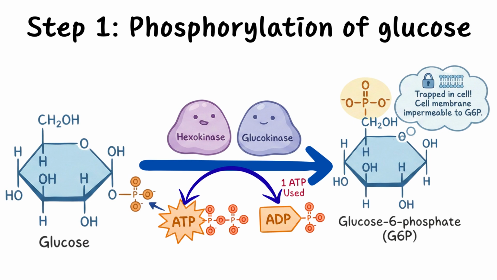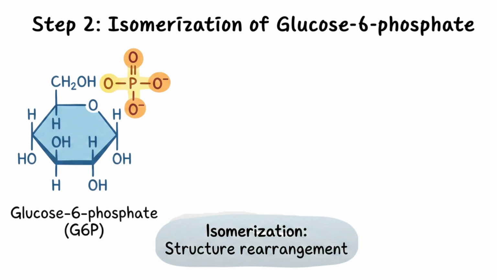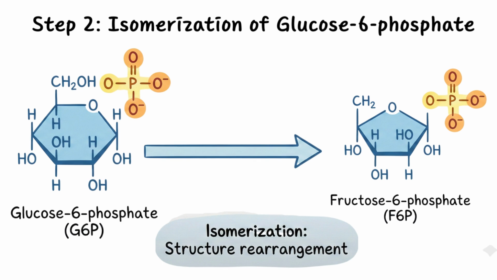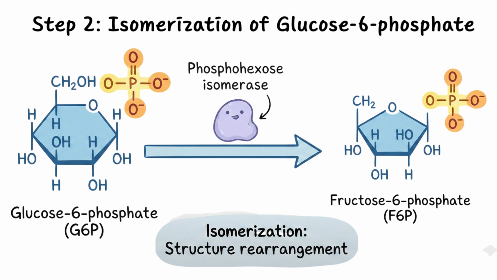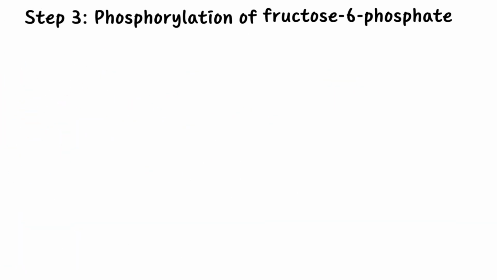This leads to step 2, the isomerization of glucose 6-phosphate. Glucose 6-phosphate is converted into fructose 6-phosphate by the enzyme phosphohexose isomerase. When this happens, we can move to step 3, phosphorylation of fructose 6-phosphate.